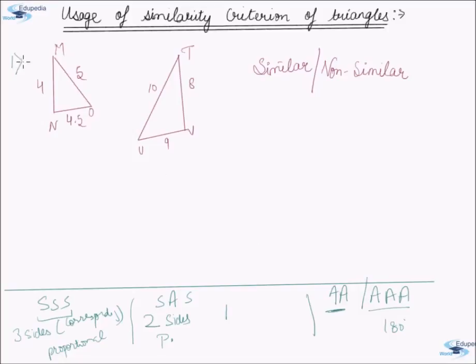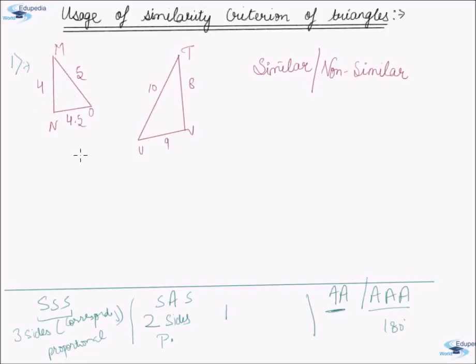The first question says, check if the given pair is similar or not. Friends, first of all, let us see by which criteria we can prove that these two triangles are similar. Clearly we are given sides.